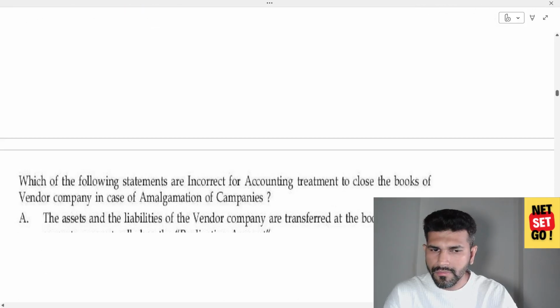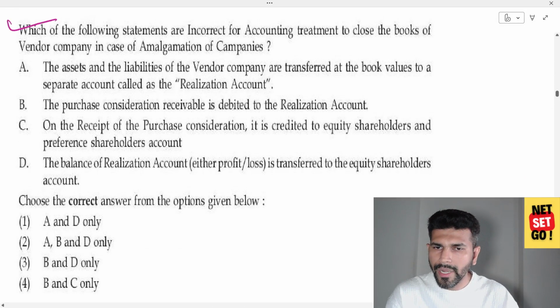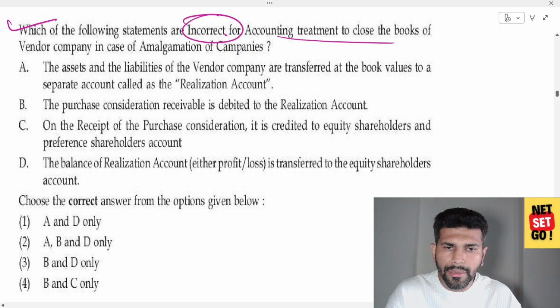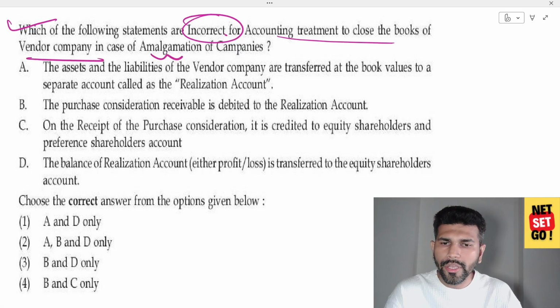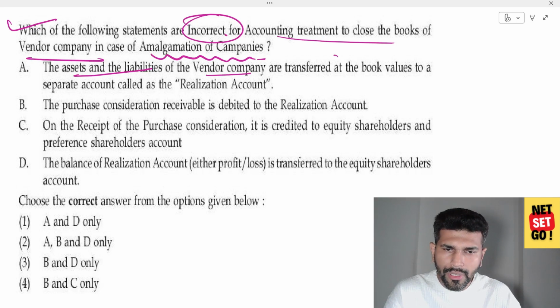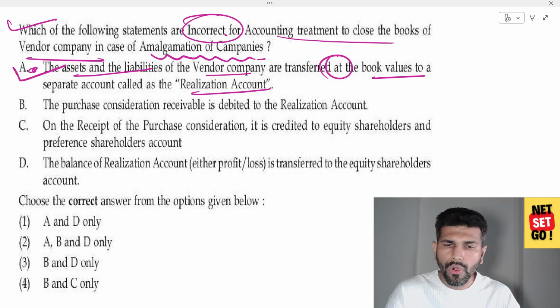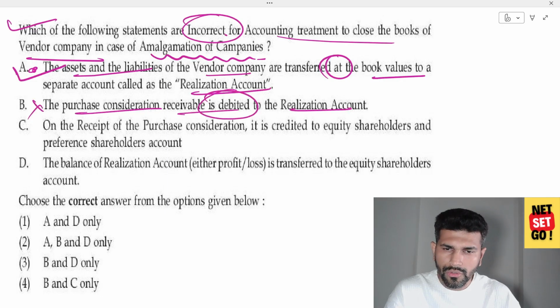Next. Which of the following statement are incorrect for accounting treatment to close the books of vendor company in case of amalgamation of companies? The assets and liabilities of vendor company are transferred at book value to the separate account called realization account, correct? You have to open realization account and there we have to transfer all the assets and liabilities at book value. First step will be this. Purchase consideration receivable is debited to realization account? No, it is credited to realization account, not debited.